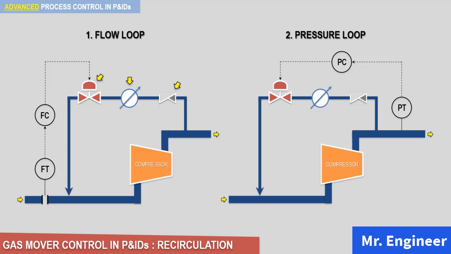For example, pressure sensors in general have higher rangeability, and if your flow surges a lot, a pressure loop may be a better option and will be most likely on your PNIDs. The other case is when you are dealing with very high discharge pressures. In such cases, high design pressure flow meters could be overly expensive and not justifiable. This may direct you to use a pressure control loop instead of a flow control loop.